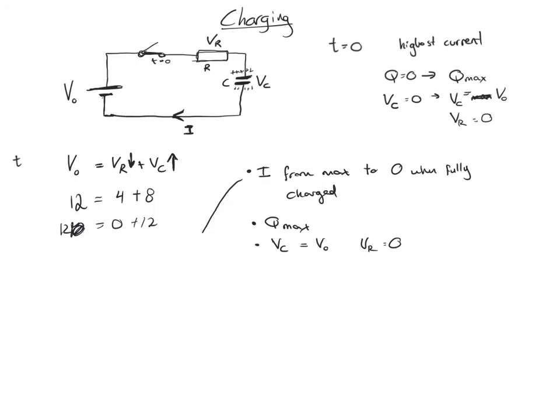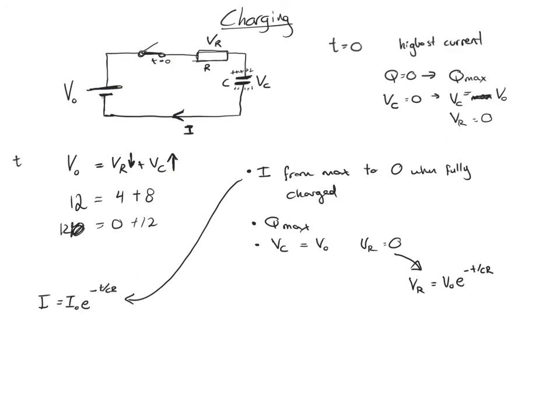Since current is decreasing, I can still use the same equation we used for discharging a capacitor. In the case of the resistor as well, the potential difference across the resistor, since it decreases, we can also express as V0 e to the minus t over CR.